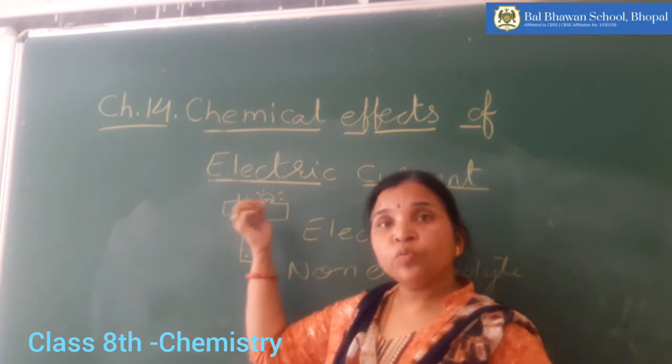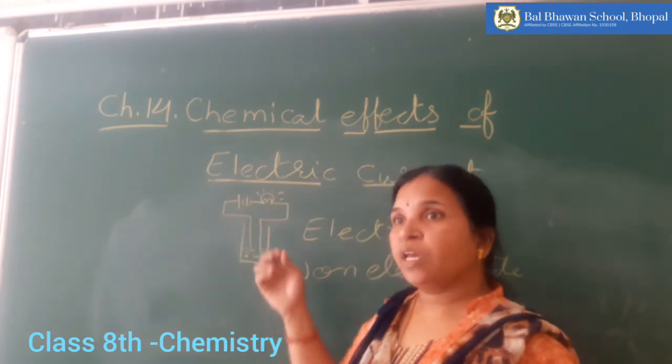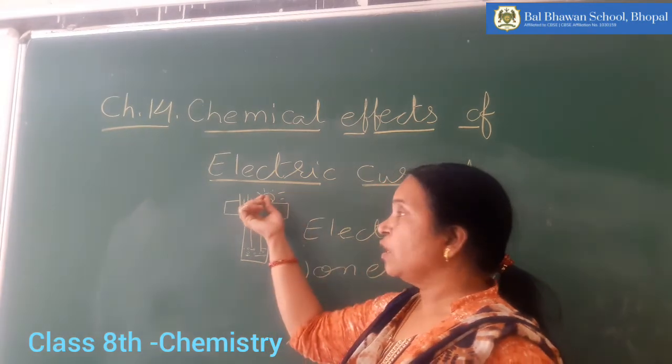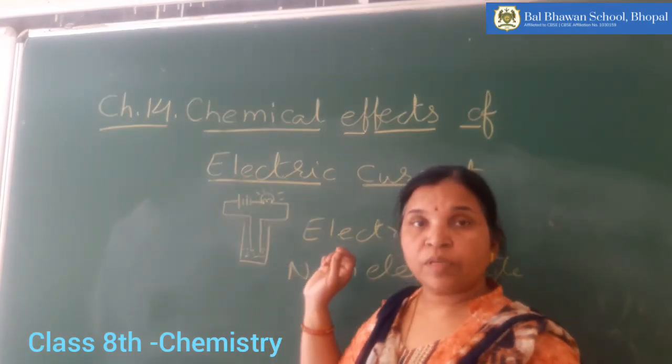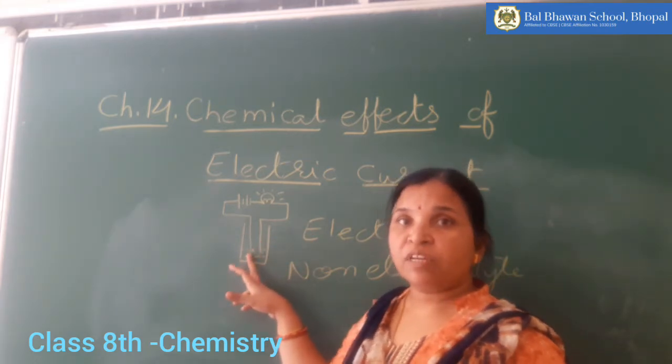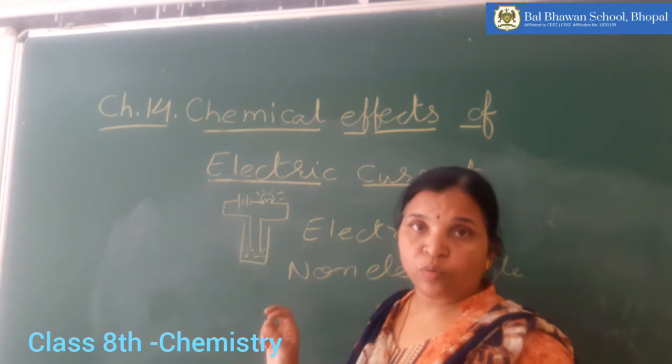But if we use bulb, it is not necessary that always the electrolyte will light the bulb. If this liquid is a weak conductor of electricity, this bulb may not glow.